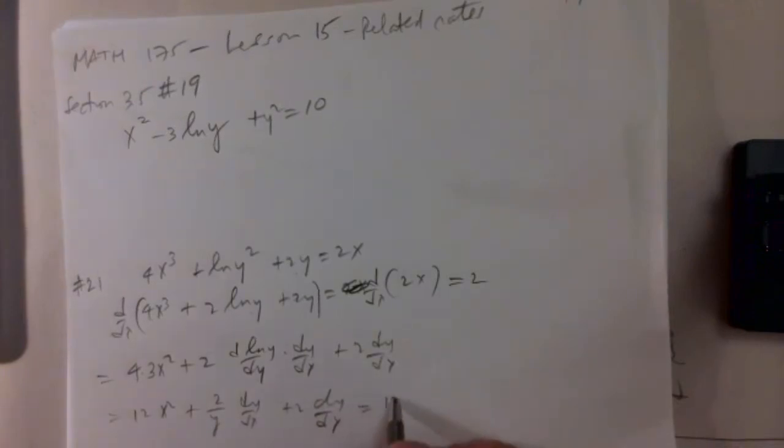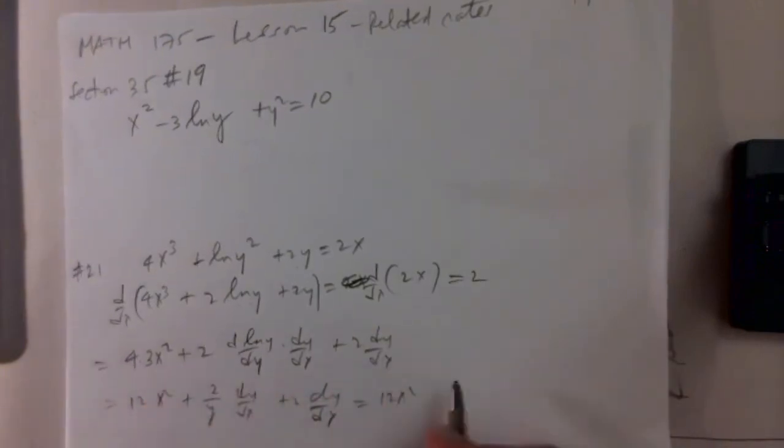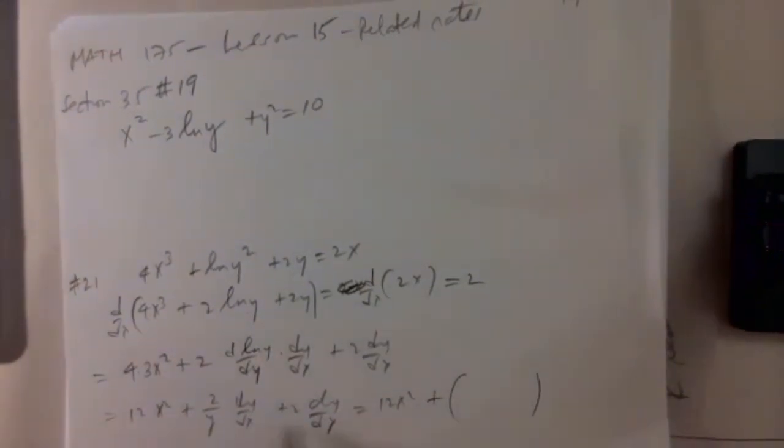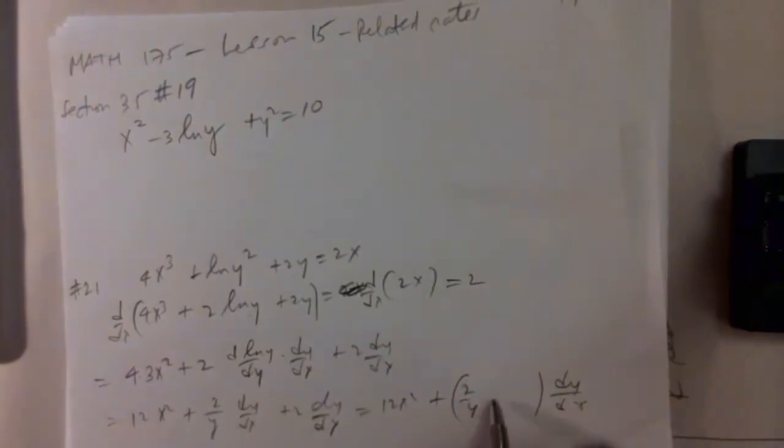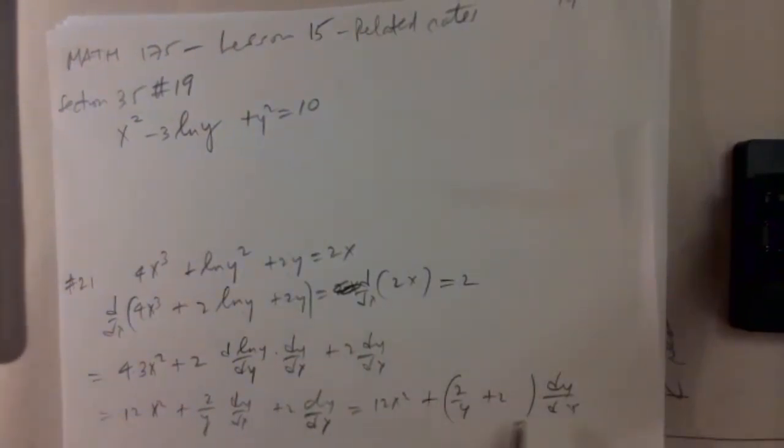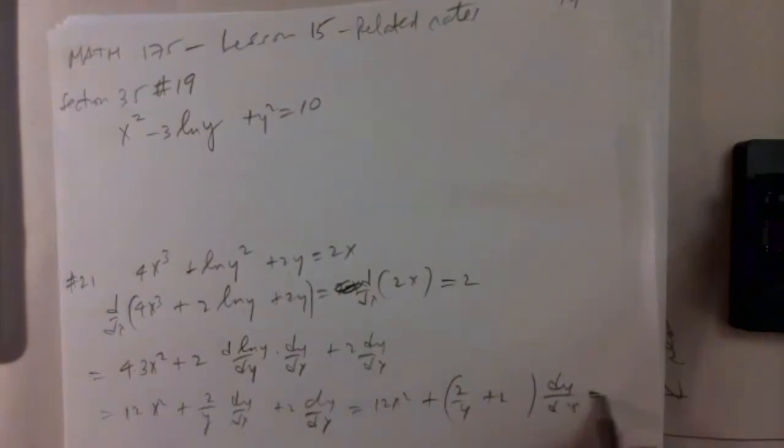So this is 12x squared plus, I can factor a dy/dx out of these two terms, 2 over y plus 2, all equal to 2.